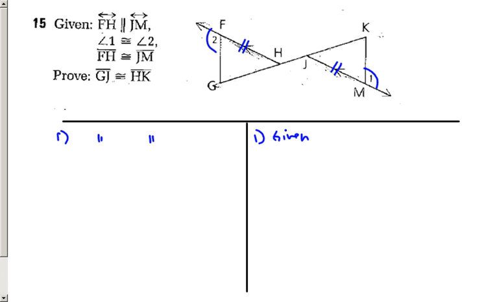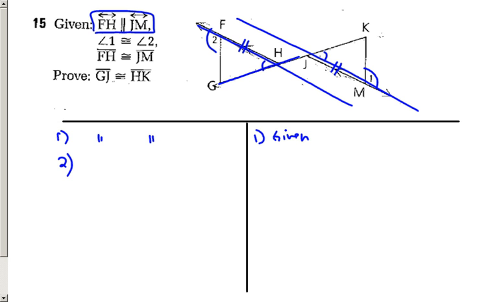I'm going to use the fact that the lines are parallel to say something about this problem. Since these lines are parallel, I'm going to extend them just to show. Those lines are parallel, which means these angles are congruent, because if you look at this transversal, these are alternate exterior angles. So this angle here and this angle are alternate exterior, which makes them congruent.